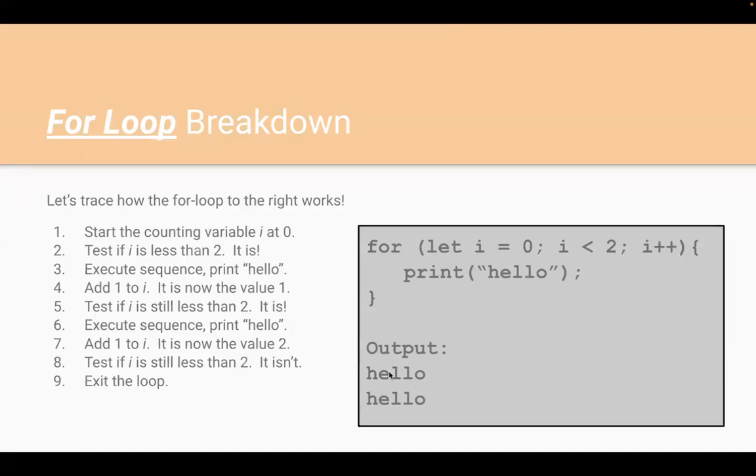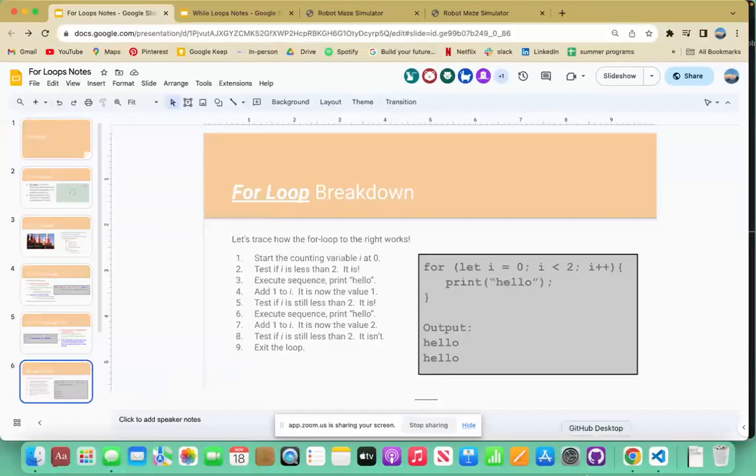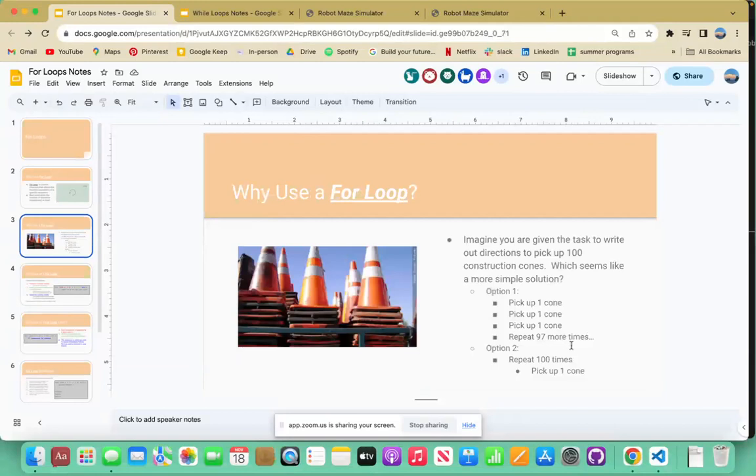Yeah, you can. So someone just asked if we can have an if else statement inside a for loop, and we can do that. So there could be a for loop. So going back to the construction cones example.